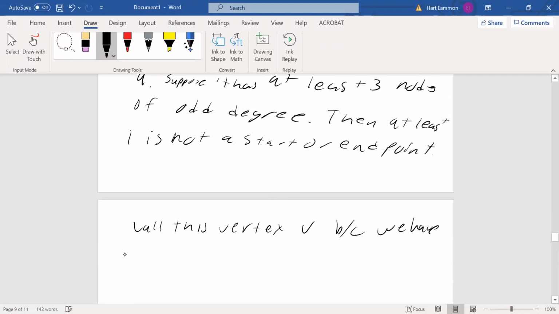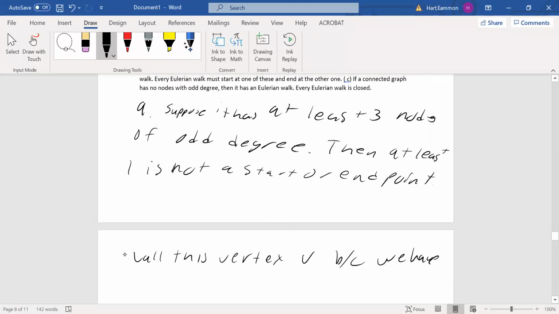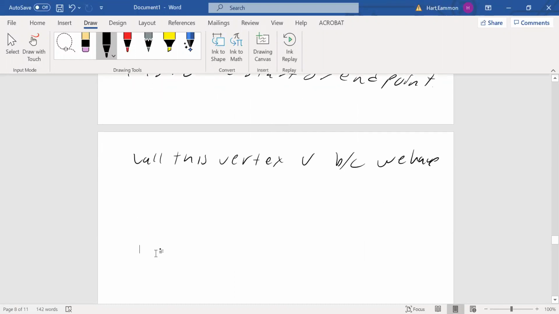So we're assuming, suppose V is not a start or end point, for an Eulerian path. We have in and out degrees.